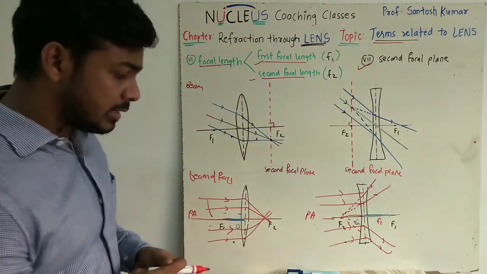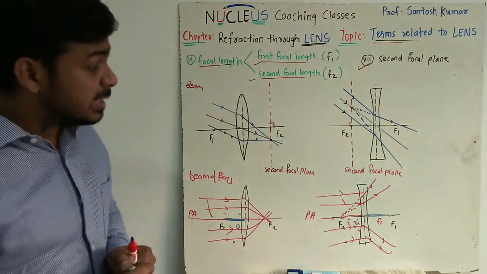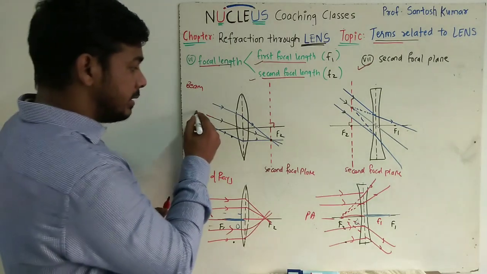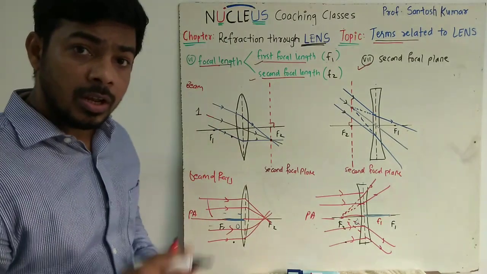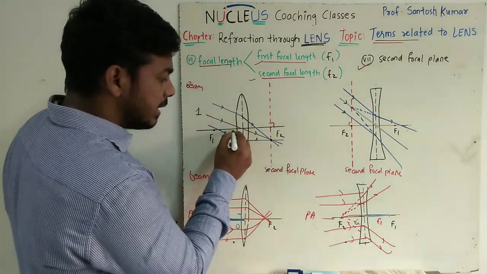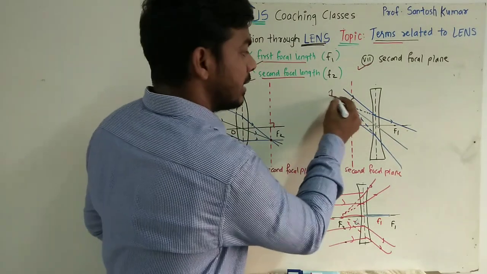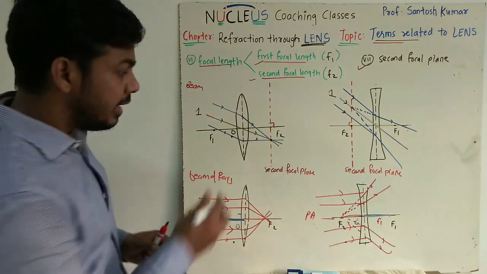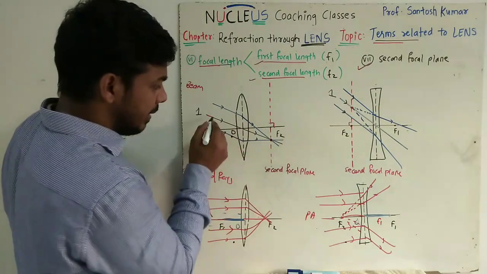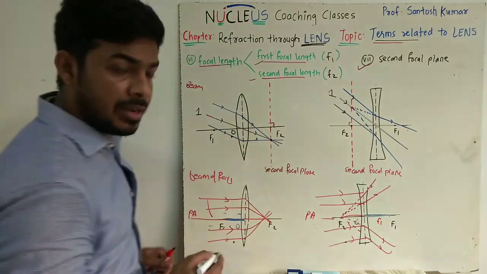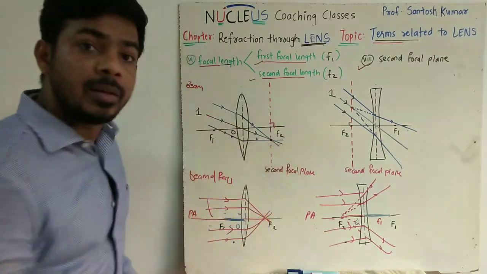So how to draw this ray? How to get this point? Remember this, I will name it the first ray. What I have considered is a ray passing through the optical center, which definitely goes undeviated. Then I know the path of this ray, that after passing through it goes undeviated, and it is intersecting at a point.